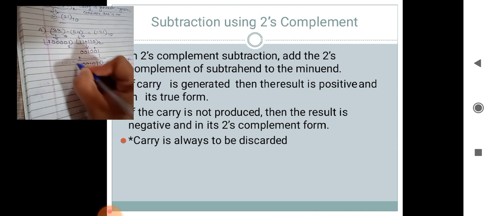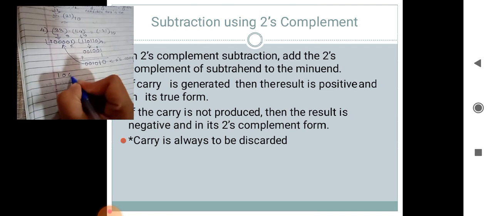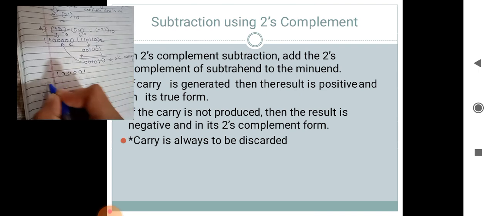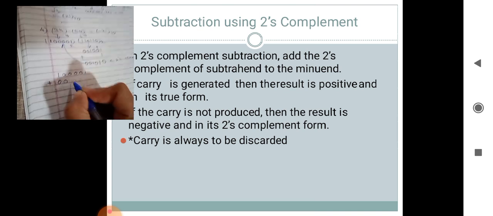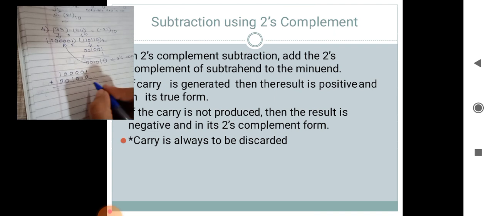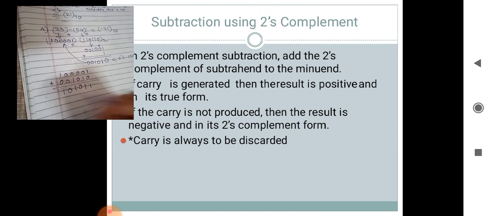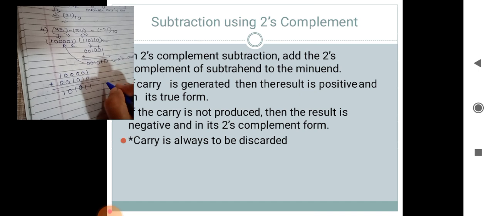We have to add this 2's complement to the other number: 1 0 0 0 0 1 plus 0 0 1 0 1 0. Perform binary addition. 1 plus 0 is 1, 0 plus 1 is 1, 0 plus 0 is 0, 0 plus 1 is 1, 0 plus 0 is 0, 1 plus 0 is 1. So carry is not generated.